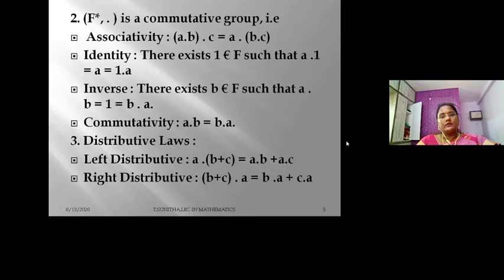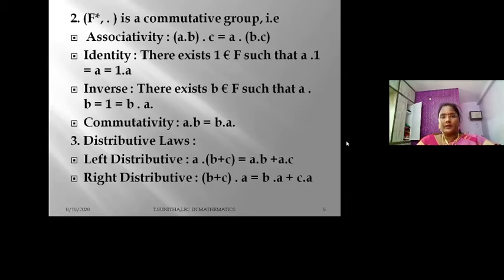So F* equals F minus {0}. Zero is eliminated from that set. That should be a commutative group with respect to multiplication. Similarly, as with addition, for multiplication it should satisfy associativity, identity, inverse property and commutativity property. So the third point is the distributive laws.